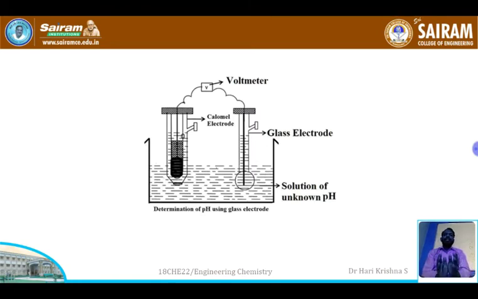We used to take the glass electrode, which acted as the indicator electrode, and the standard calomel electrode, which acts as the reference electrode, connected to a voltmeter. We did not have a digital potentiometer, so we used to connect it to a Wheatstone meter bridge.